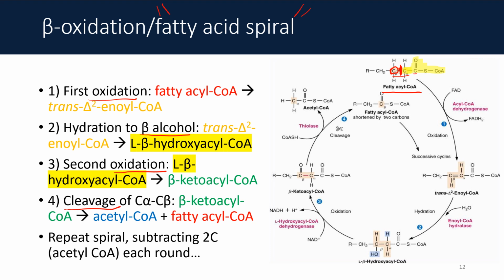And hey, that kind of sounds like acetyl-CoA to me. So one turn of the fatty acid spiral is going to shorten or digest our fatty acid by one acetyl-CoA unit in the head to tail direction. And this will be repeated iteratively until we run out of fatty acid, essentially.